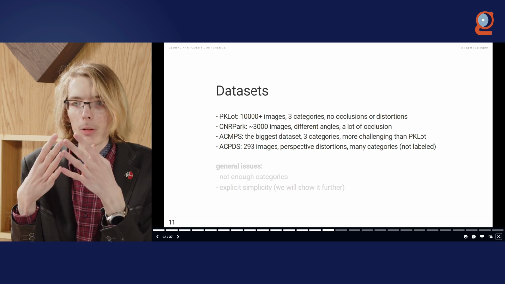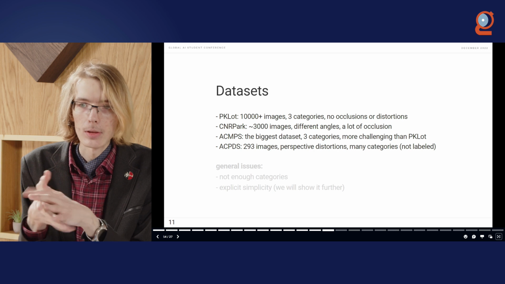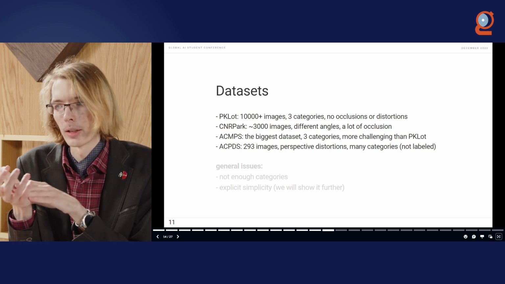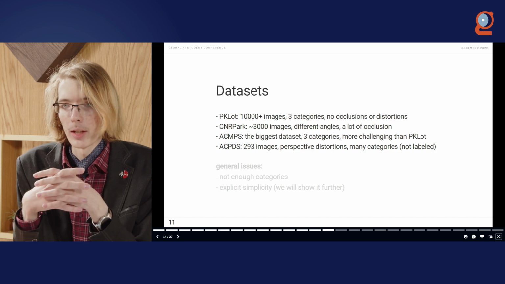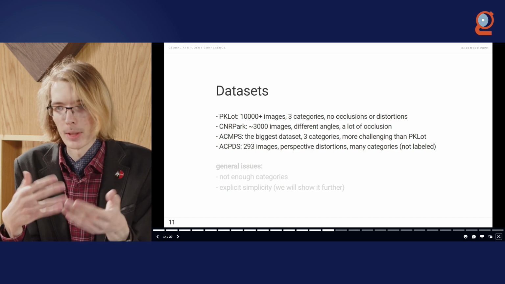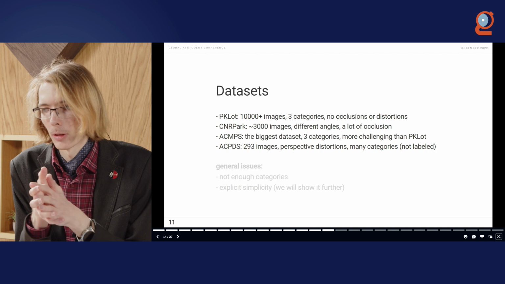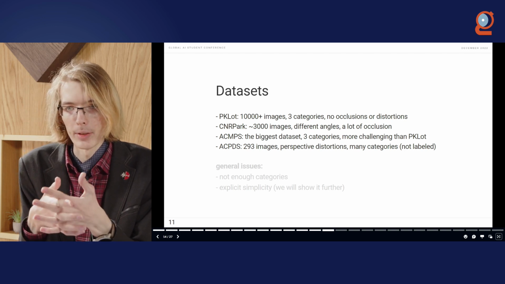There are not many occlusions, distortions, or any other kind of real world visual noise that make it very simple for CNNs or vision transformers to handle.